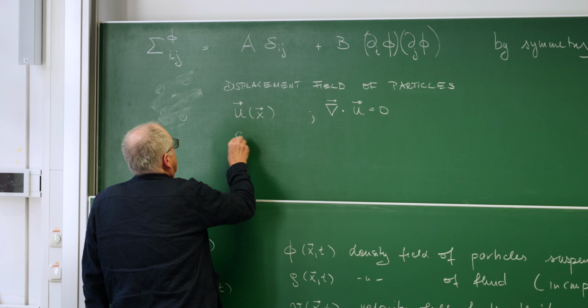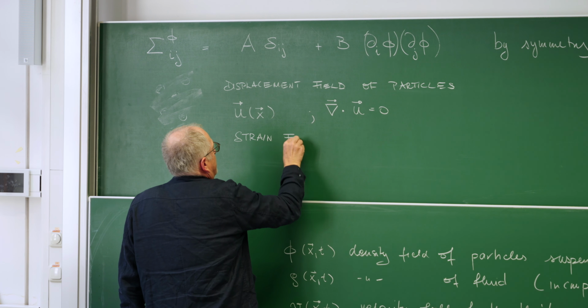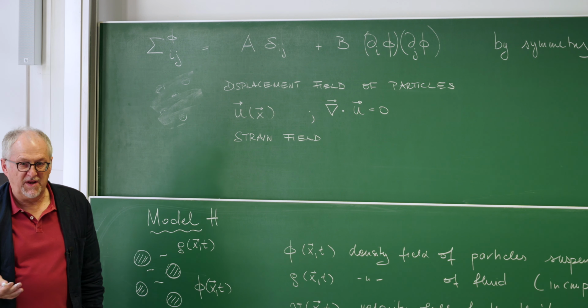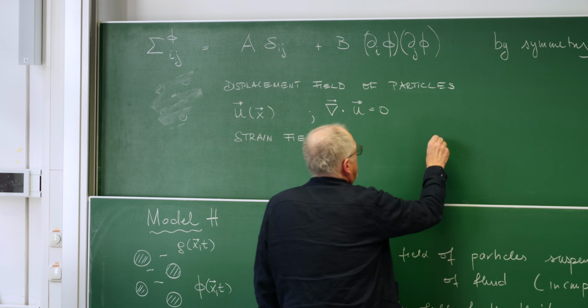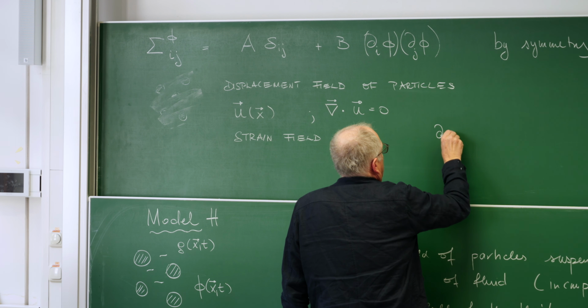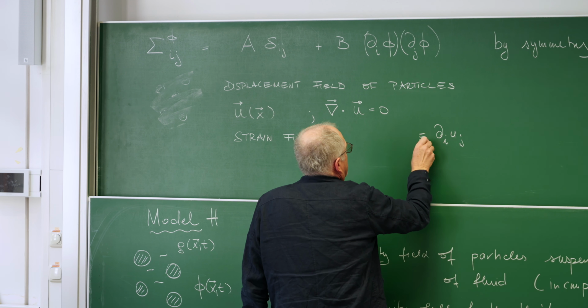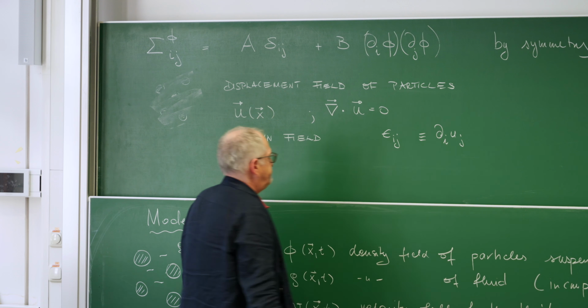We can define a strain field like in elasticity theory. This is the analog of the gradients in the velocity. Here we have gradients in the displacement field. So d_i u_j, and we call this here epsilon_ij.